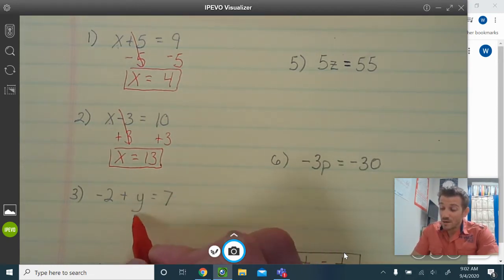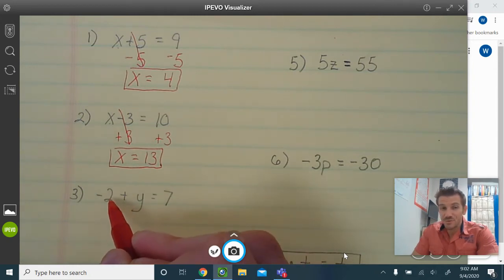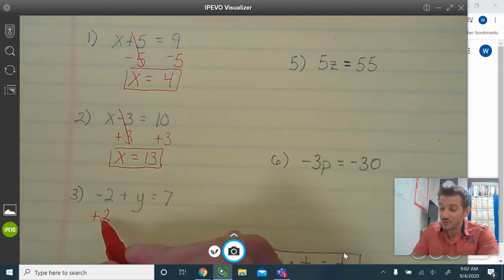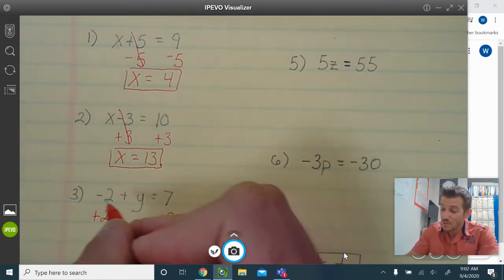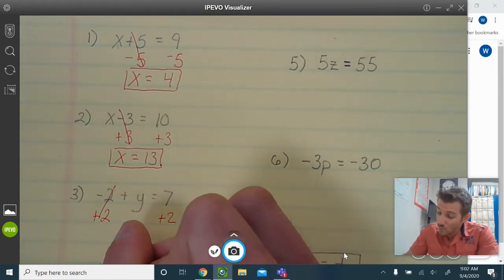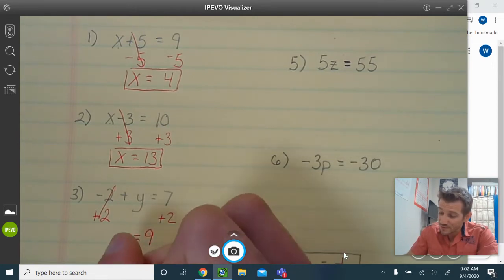I want to keep my y on this side, but I need to get rid of a negative 2. What's the opposite of that? Clearly, that would be positive 2. And if I do it to one side, I must do it to the other side of the equal sign. It cancels out, and we end up with y is equal to 7 plus 2, which is in fact 9.